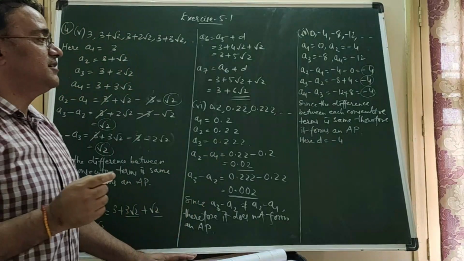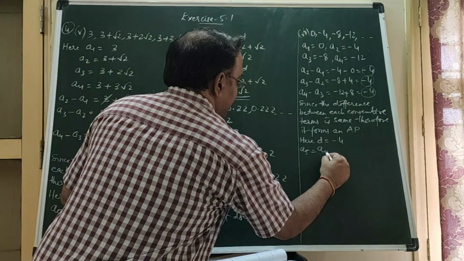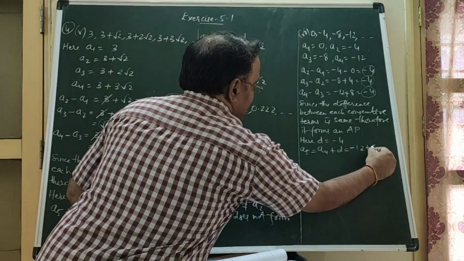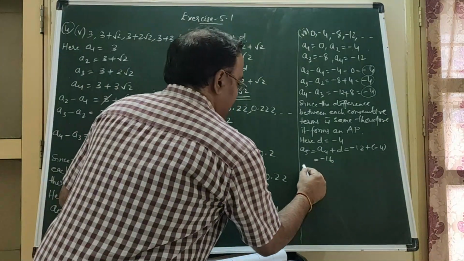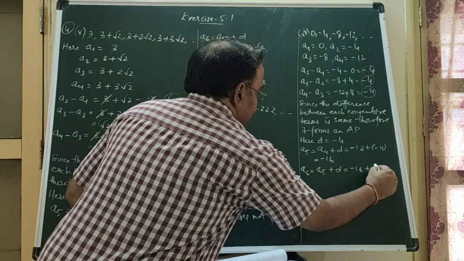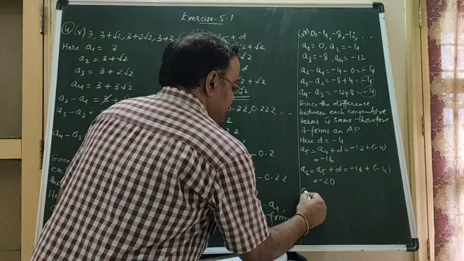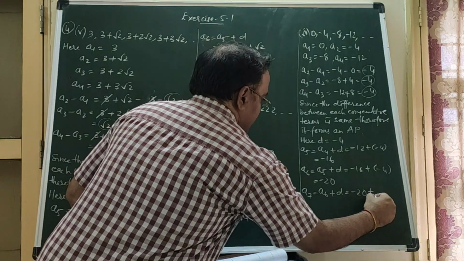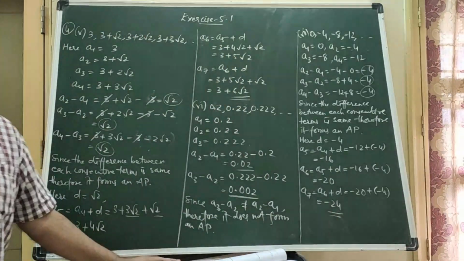Now we have to find the fifth term, sixth term and seventh term. So what is the fifth term? a4 plus d. How much is a4? Minus 12. So plus minus 4, this is equal to minus 16. Now a6, a5 plus d, minus 16 plus minus 4, so we'll get minus 20. a7, a6 plus d, so minus 20 plus minus 4. We'll get minus 24.